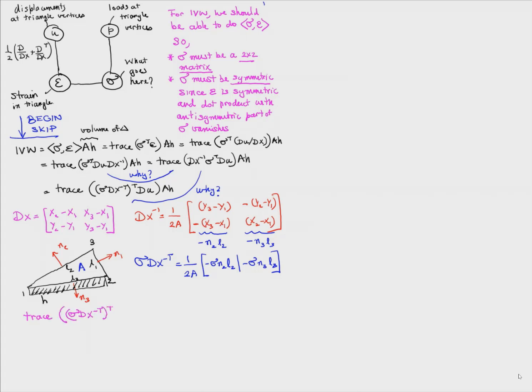Now we plug this back into the trace and do some more calculations and reorganization, remembering that n1L1 plus n2L2 plus n3L3 is equal to 0 from the video on the properties of triangles.